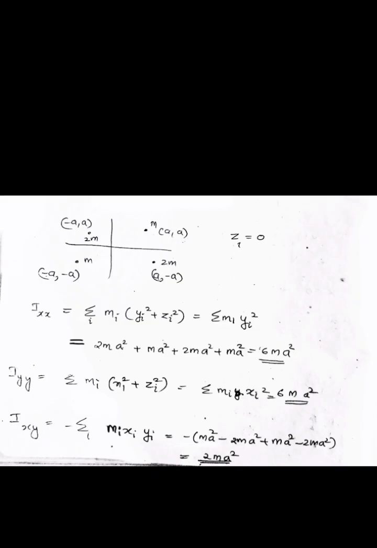So here Ixx is equal to summation over mi into yi square plus zi square, which is equal to summation over mi yi square, because here zi is equal to 0. So this is equal to 2ma square plus ma square plus 2ma square plus ma square, which is equal to 6ma square.